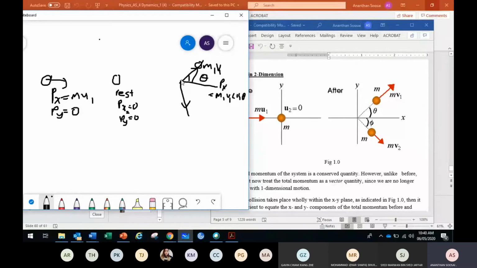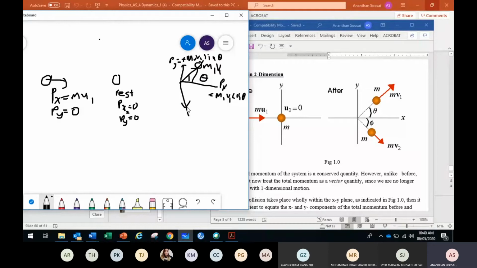And what is the py value you get for this? Is the py value positive or negative? Because it is directed upwards, it's going to be positive: m1 v1 sine theta. So you are breaking into components.